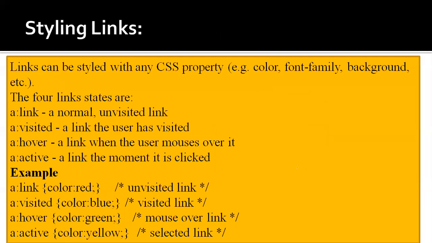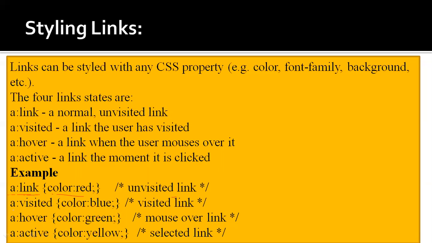Then CSS properties can be used with hyperlinks. As you can see in this example, it is written with an anchor tag as a colon link. It specifies the color of an unvisited link. It means the color of an unvisited link will be red.